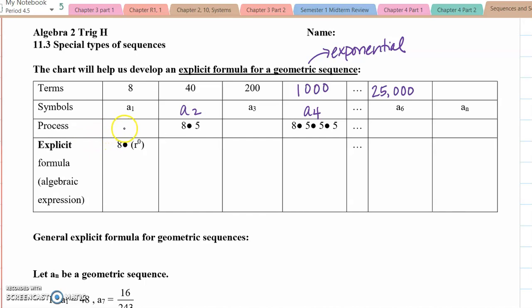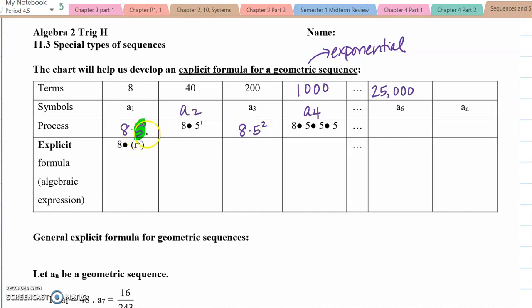So our process here is that you're multiplying 8 by 5 to the 0, because the first term is 5 to the first, which means that this has to be the 0th term, the 0 exponent. And if you remember, 5 to the 0 is equal to 1, so that's why this makes 8. A sub 3 is 8 times 5 squared.